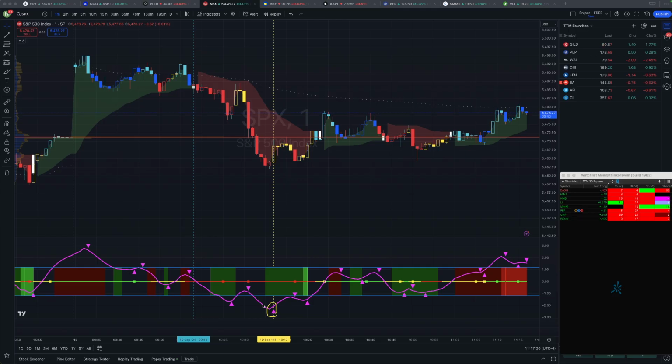That shows us, okay, we're down below RSI and we're getting a MACD cross. So in this case, I'm looking for an arrow and a candle color change.